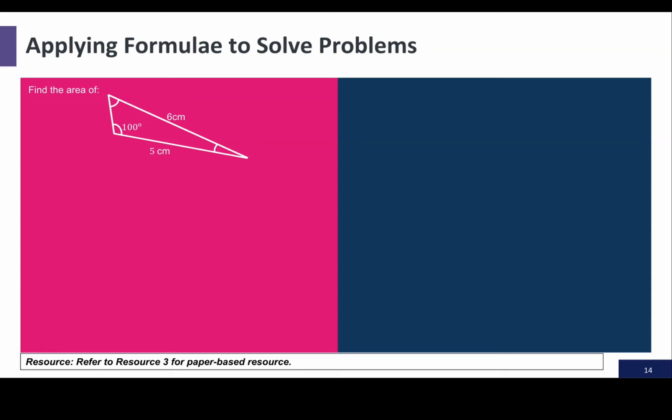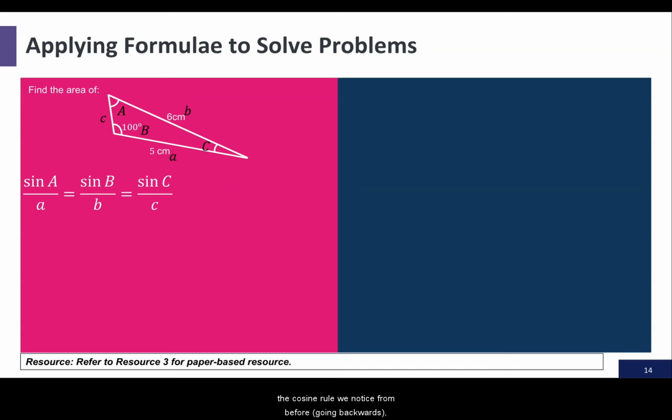This time, I'm given two sides and an angle, but the angle isn't between the two sides. So I can't use the formula straight away. First I'm going to label. I'm going to try and calculate one of these angles, so I'm going to be using the sine rule.